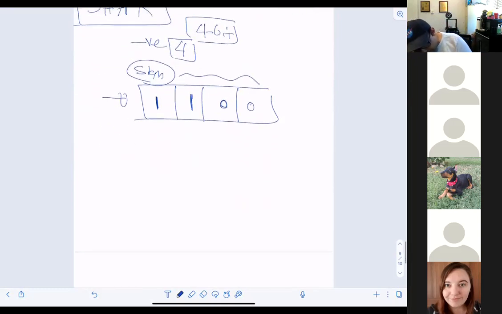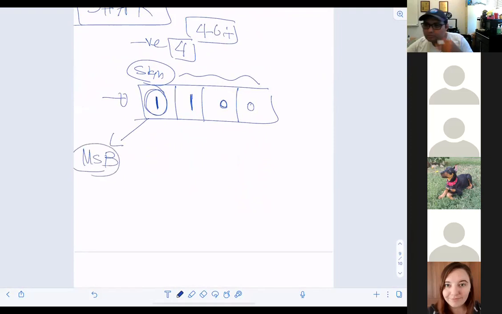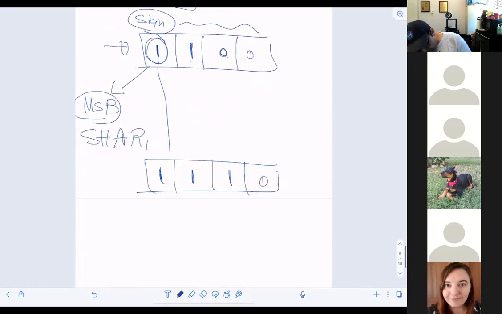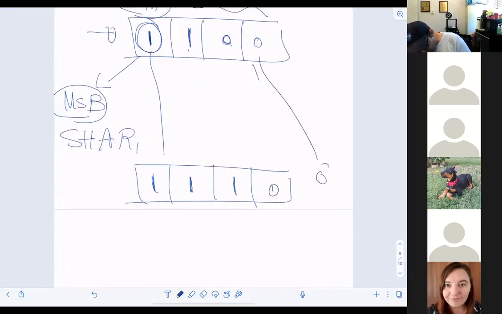We need a process to check what the sign is and start using it. If I apply shift arithmetic right by 1, I take this 1 here, then that 1 will be here, this 1 will be here, and this 0 will be here, and that 0 will go out, spilled out.